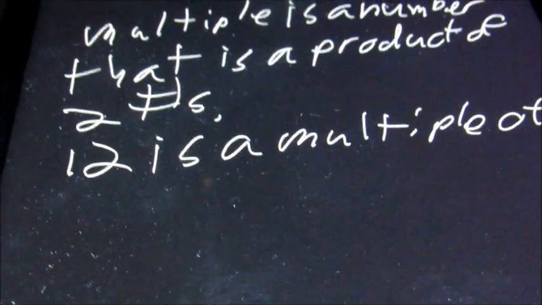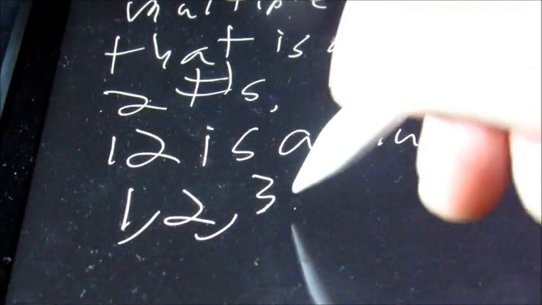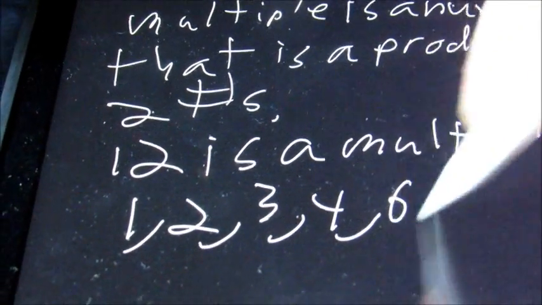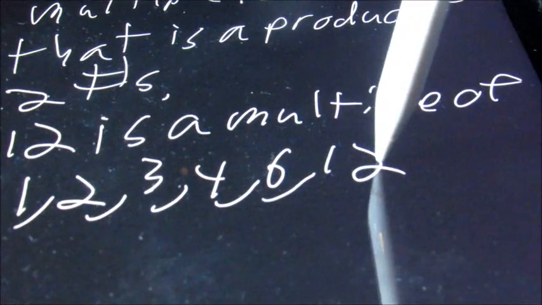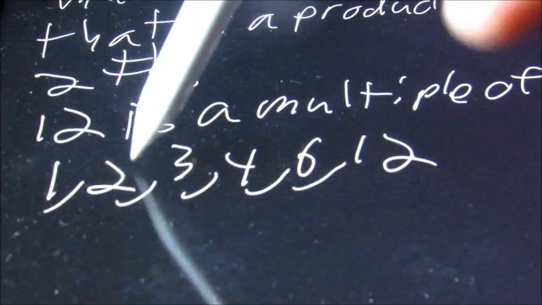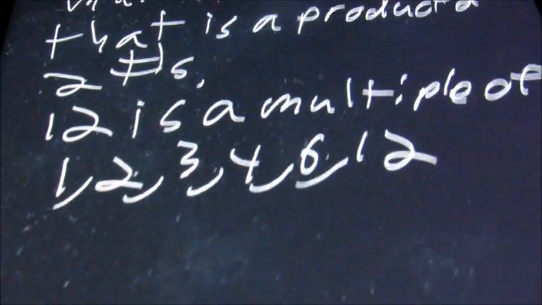of, now what we're going to do is all the numbers that will go into 12, which are the factors, but it's going to be a 1, a 2, a 3, a 4, a 6, and a 12. Because 12 is a multiple of 1 times 12, it's a multiple of 2 times 6, and it's a multiple of 3 times 4.